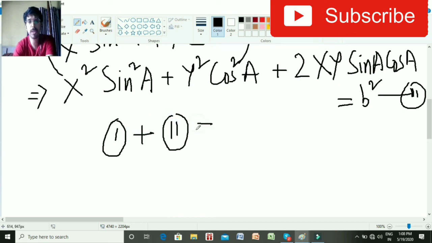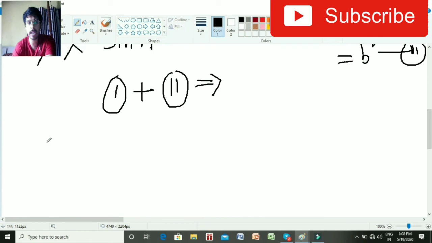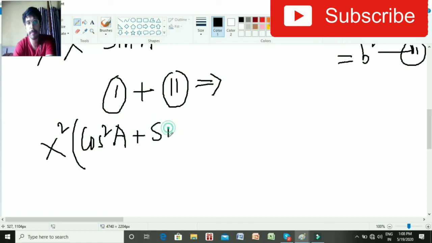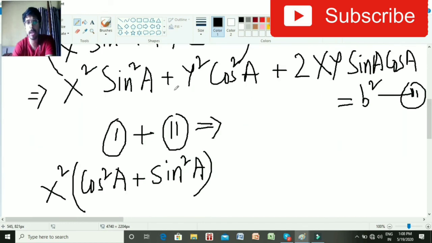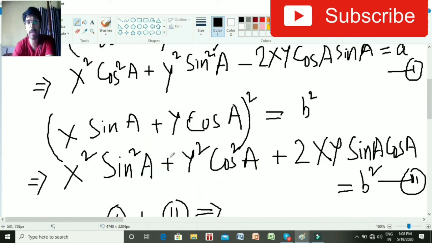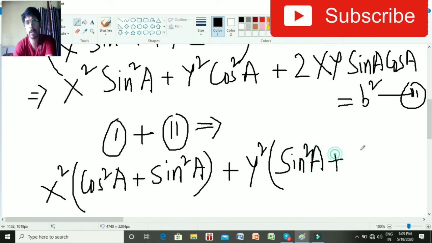When you add both equations, we have x square cos square A and x square sin square A. So we can take x square as common, cos square A plus sin square A. Again we have plus y square sin square A and plus y square cos square A. So we can take y square as common, sin square A plus cos square A.